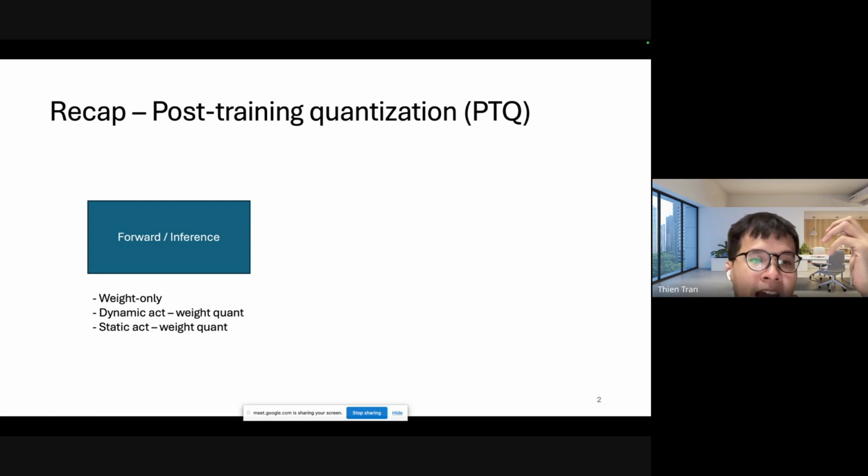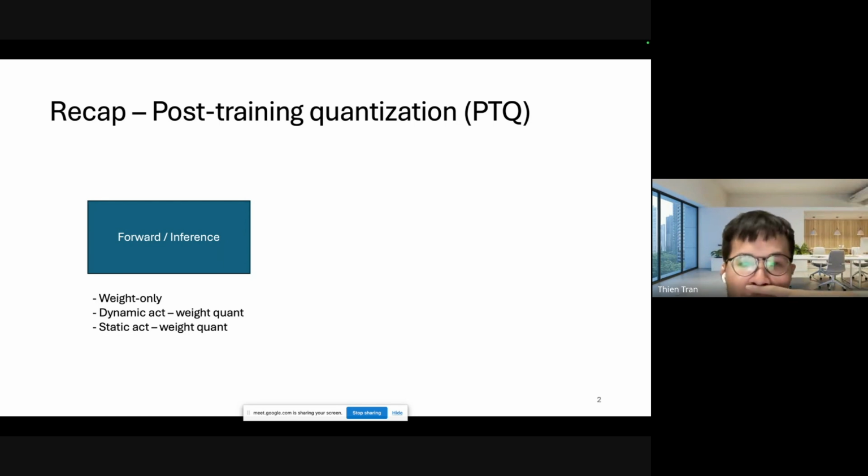And this will be dynamic activation and weight quantization. So during the forward pass, you will also quantize the activation. Then you can do the int8 matmul or FP8 matmul mode. And there is also static activation quantization. I think this one was more for CNNs in the past. Right now, for transformers, usually people don't do static activation quantization because it has some accuracy issues. Yep. So this is just a basic recap for post-training quantization.